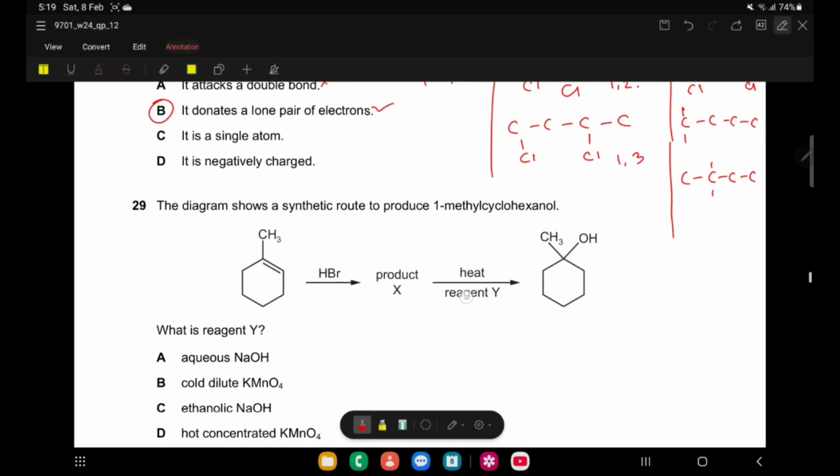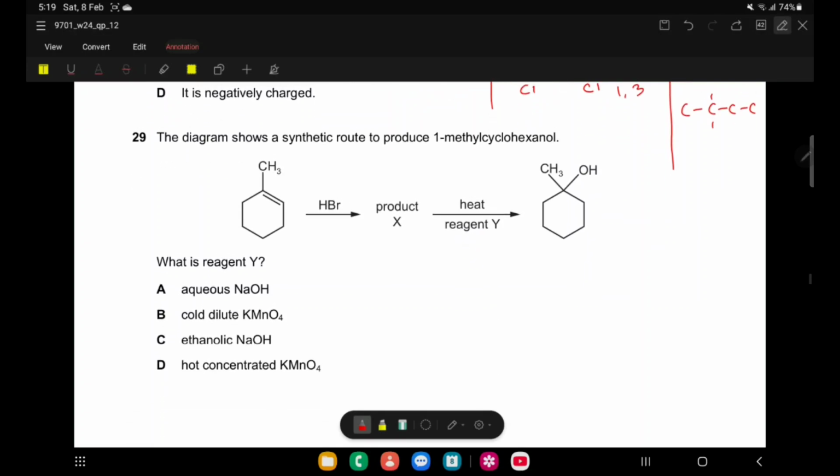Question number 29. The diagram shows a synthetic route to produce 1-methylcyclohexanol. What is reagent Y? So with the carbon-carbon double bond and hydrogen bromide, we can have an idea that the product is something like that.